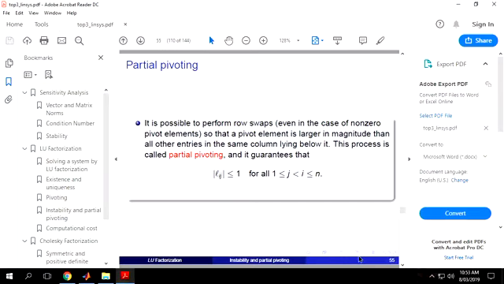Partial pivoting just makes sure that the one on top has a magnitude larger than the one below it. Okay, and that makes the swapping unique in some sense. Yeah, you choose only the largest. And this is the one that MATLAB is using.